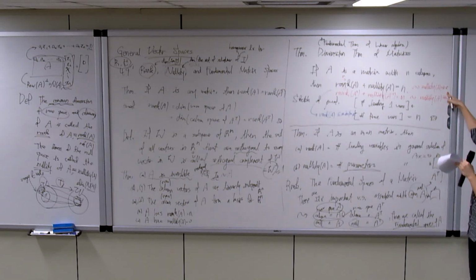It should be n minus r, but r is n, so the nullity is 0.